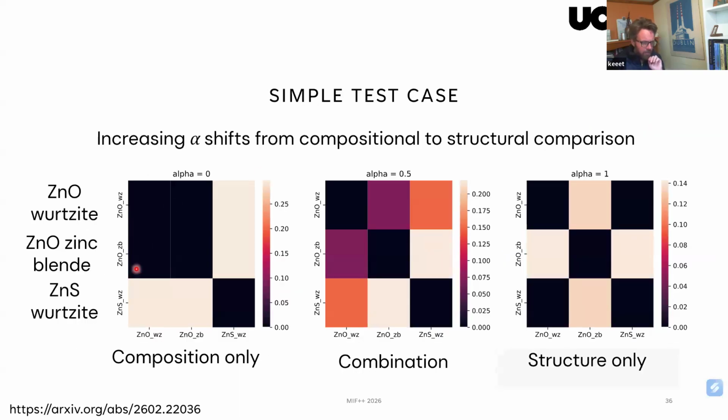Then you find that this differentiates between zinc sulfide and zinc oxide, but not between the two polymorphs of zinc oxide, which is kind of what you'd expect, I guess. Then if you set alpha to 1, so you do pure Gromov distance, then the wurtzite structures of zinc sulfide and zinc oxide are identical, but the zinc blende is identified as different. And then if you do something in the middle, you can resolve all of the compositions and the polymorphs.